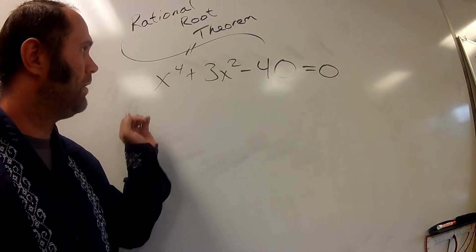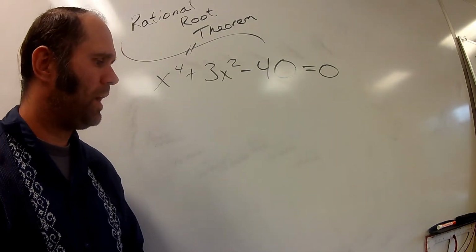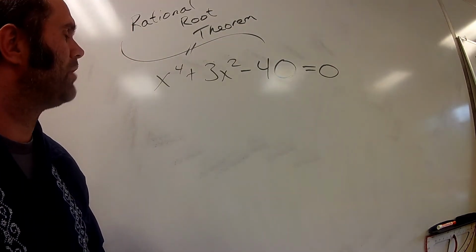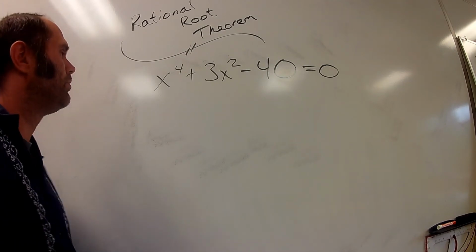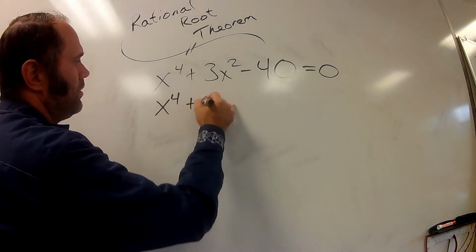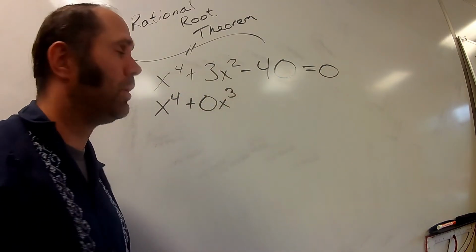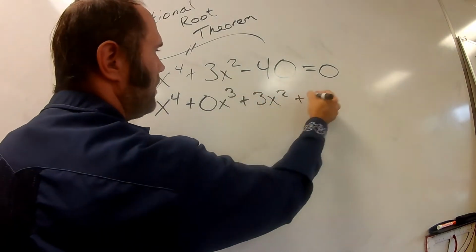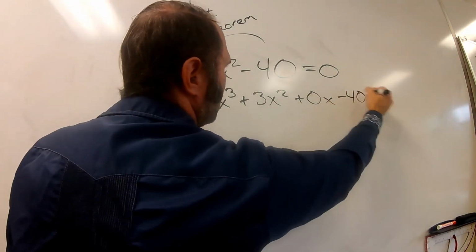Alright, so here we have x to the 4th plus 3x squared minus 40 equals 0. And let's go ahead and find the possible rational roots. This equation is looking kind of funny to me, so I might want to rewrite it as x to the fourth plus 0x cubed, since there's no x cubed up there, plus 3x squared plus 0x, there's no x, minus 40 equals 0.